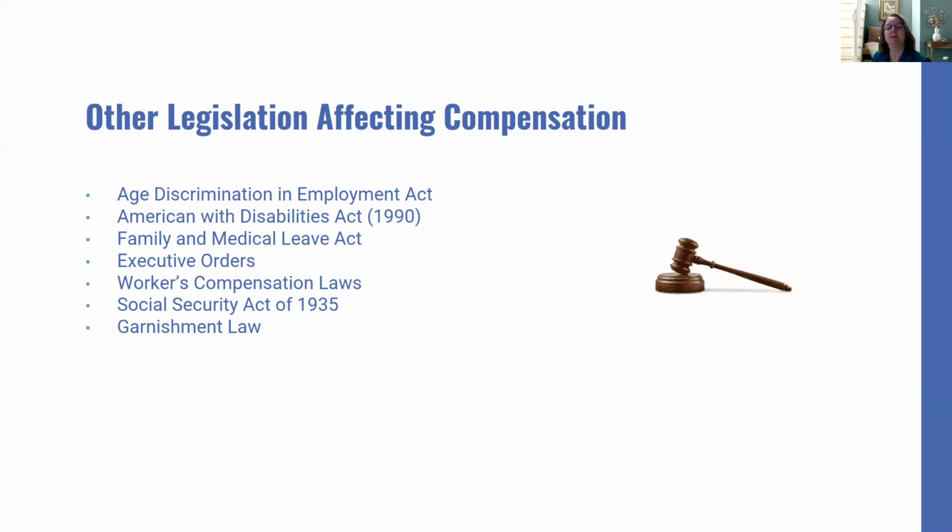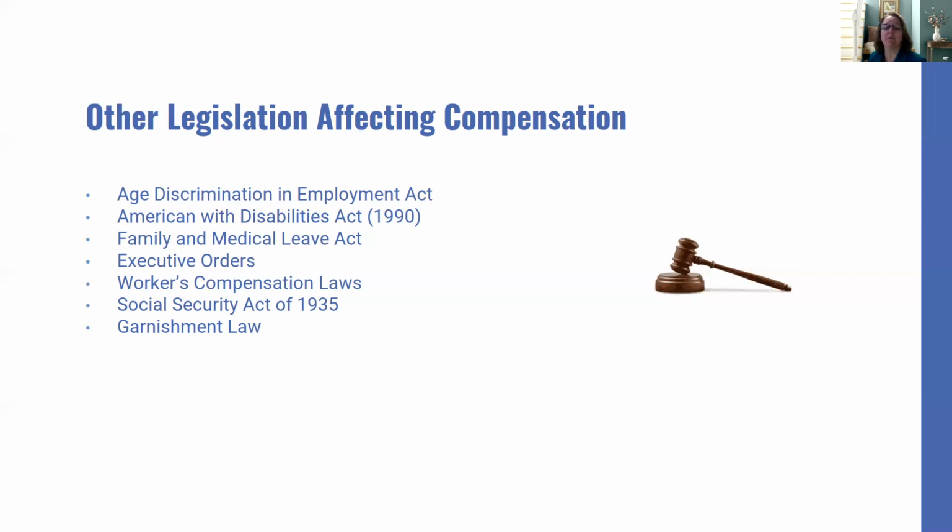Each state has its own workers' compensation laws as well that you need to become aware of when you're working in that state. And then in 1935, there was the Social Security Act and amendments providing for unemployment compensation for workers unemployed through no fault of their own for up to 26 weeks.